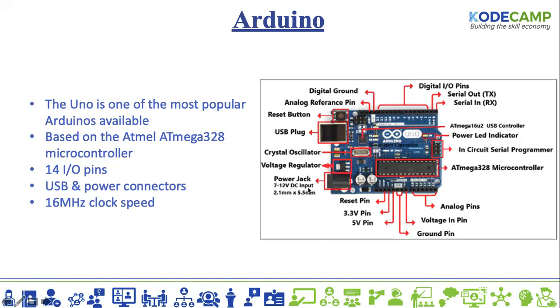You can only take DC, not AC. So the maximum you can put at this point is 12 volts, and because of this voltage regulator, the voltage you're giving here is regulated to the voltage the Arduino will be able to run with. So it will regulate this voltage to 5 volts, which is the voltage the Arduino is going to run with.